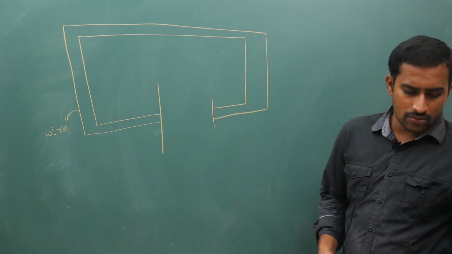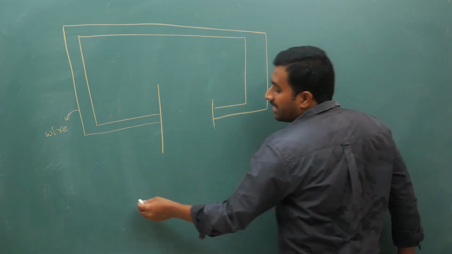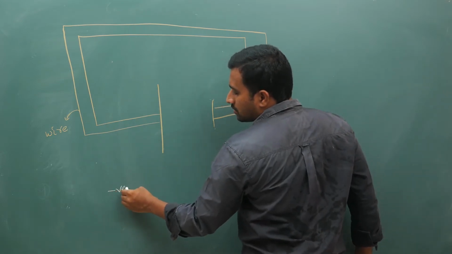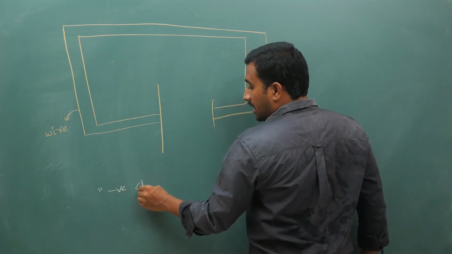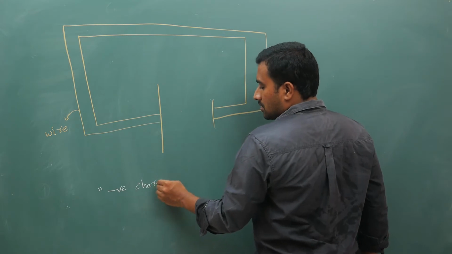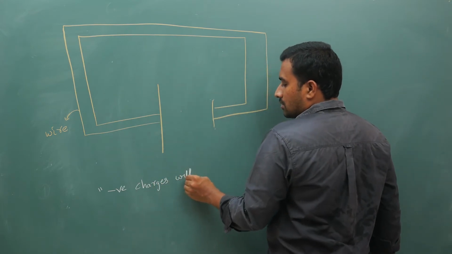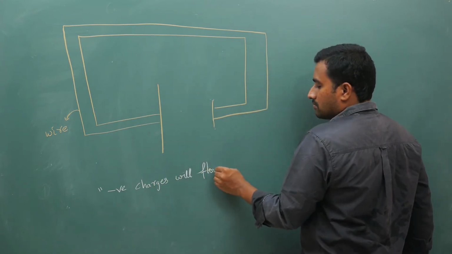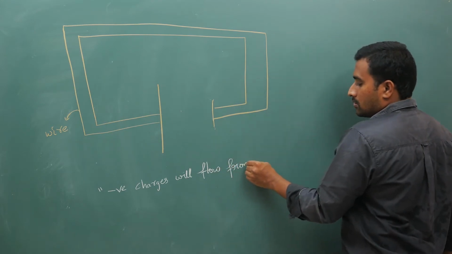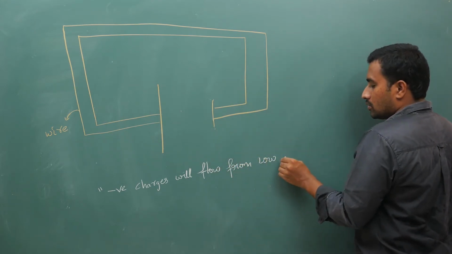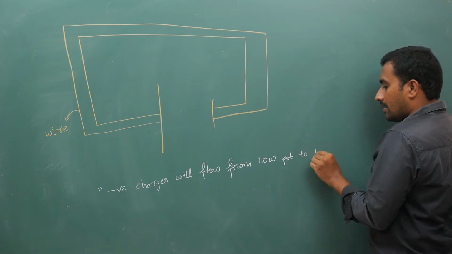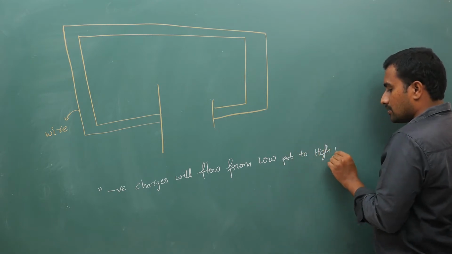Now you must have studied previously in electrostatics that, point number 1, negative charges will flow from low potential to high potential region.